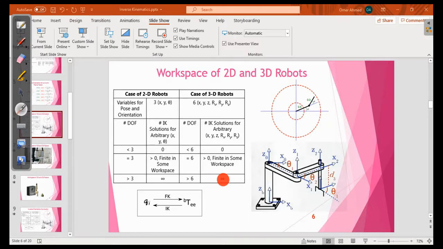Just think about it. If you place your hand on the table, the pose is already fixed. Now we can move our elbow up and down and the arm moves with it, but the pose of the hand is stationary. It does not change. I've placed my hand on the table and I can move my arm.